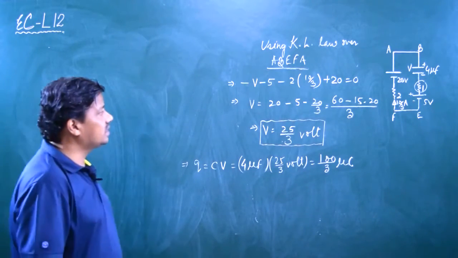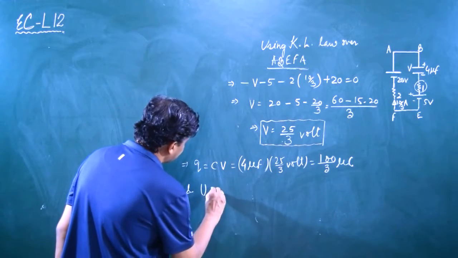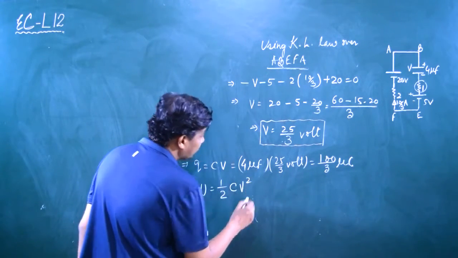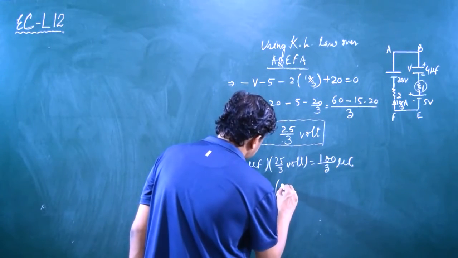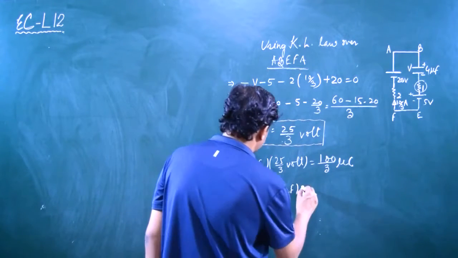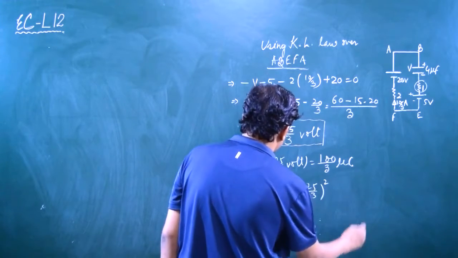Now we have to get the energy stored across the capacitor. And the formula for energy is half CV square, that is half, C is 4 microfarad and voltage is 25 by 3 square.